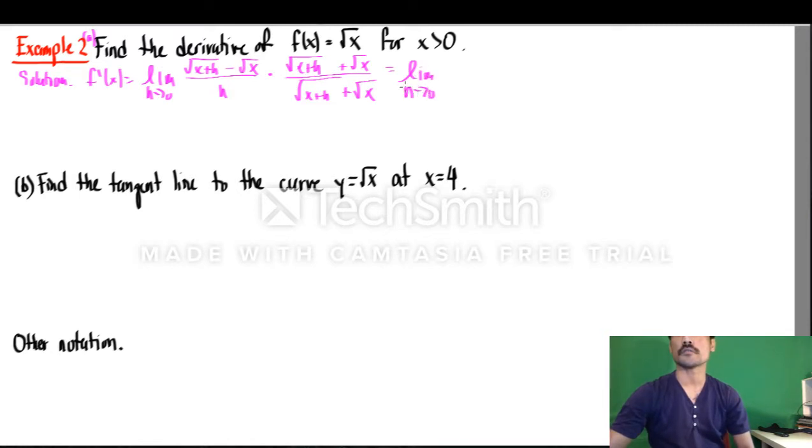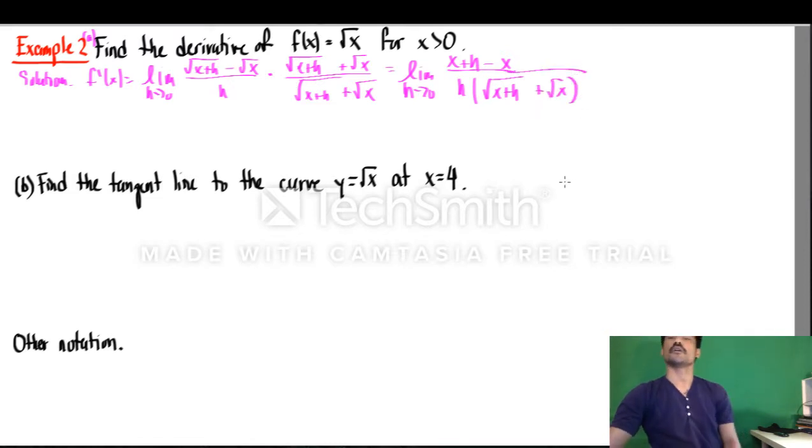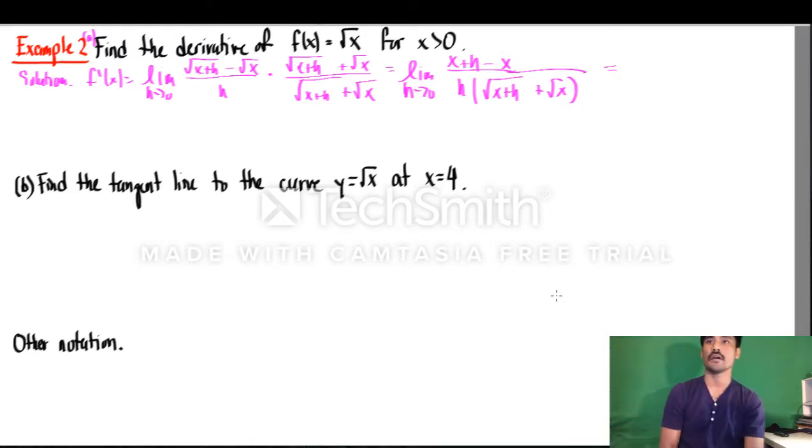So let's compute this. You get x plus h minus x, because I'm using the difference of squares, over this product. That's nice. You can see that x minus x is 0 and what's left is h in the numerator, and that'll cancel out with the h in the denominator.